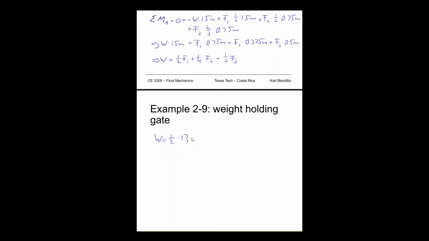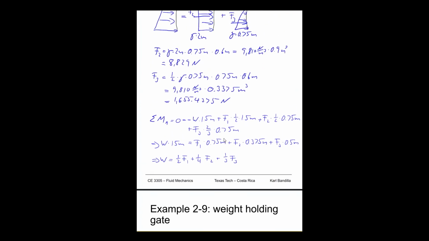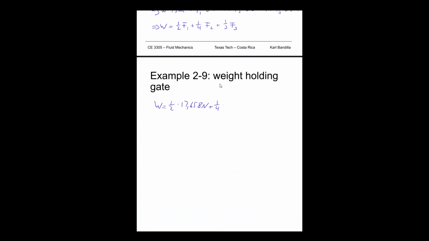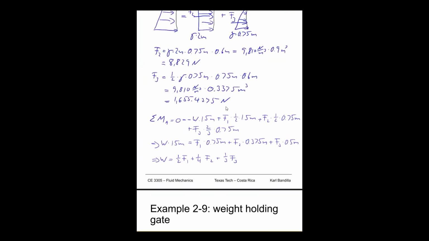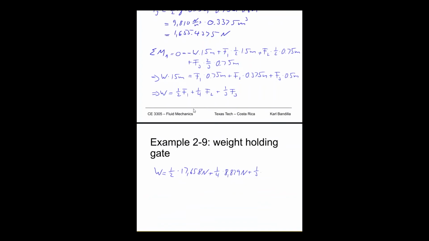That means W is equal to 1/2 times F1, 17,658 newtons, plus 1/4 times F2, 8,829 newtons, plus 1/3 of the not quite so clean number, 1,655.4375 newtons.